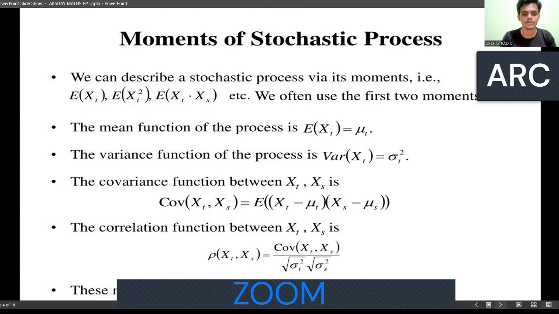The covariance function between Xt and Xs is covariance of Xt, Xs equals E of (Xt minus mu t) times (Xs minus mu s). The correlation between Xt and Xs is rho of Xt, Xs equals covariance of Xt, Xs divided by root of sigma squared t times root of sigma squared s. The moments are often functions of time.